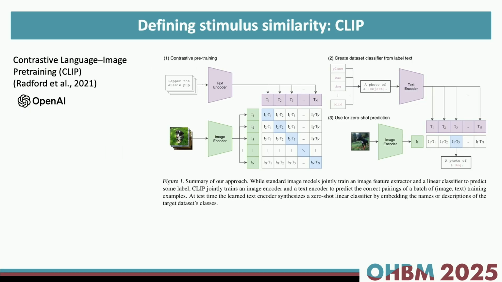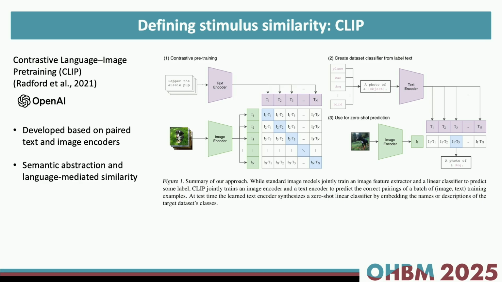So how do we define stimulus similarity? We use 3 different types of neural networks to do so. The first one is the one that has been previously mentioned, the CLIP method, which was developed by OpenAI. This one uses paired text and image encoders, which means it incorporates semantic abstraction and language-mediated similarity.